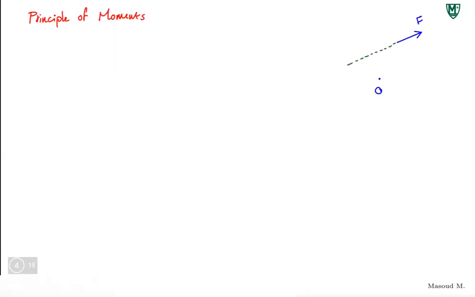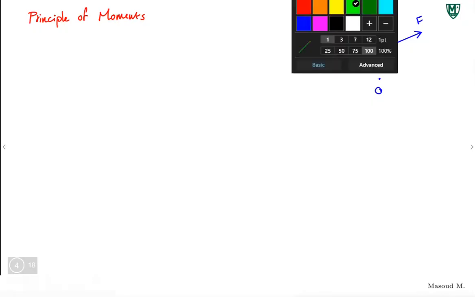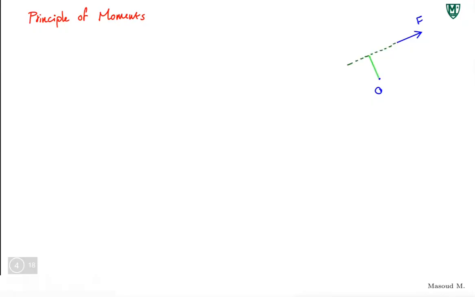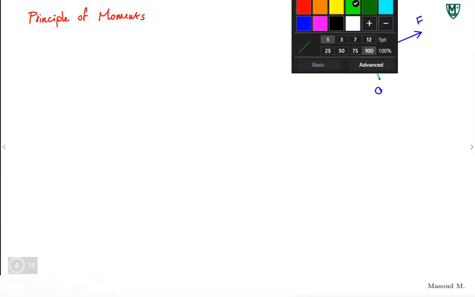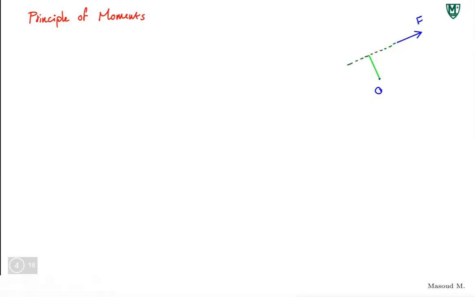Basically, we find the perpendicular distance right there, and this would be my D. So my moment would be F D: force multiplied by the perpendicular distance between the point we want to find the moment about and the line of action of that.